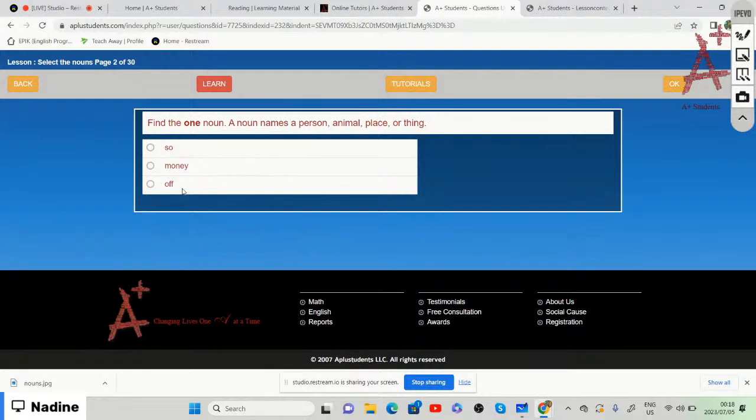You need to choose the correct noun. Remember, you choose either a person, an animal, a place, or a thing. So, money, off. Can you find one noun?